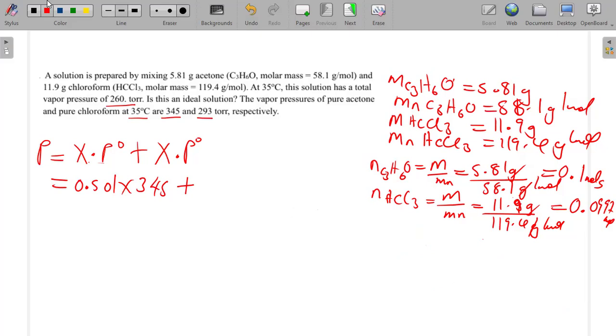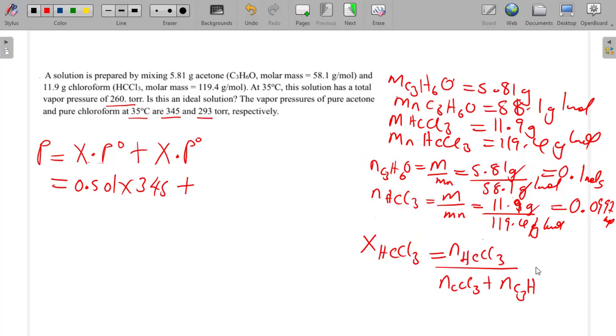So we apply the same concept. The mole fraction for chloroform, HCCl3, is given by the number of moles for chloroform divided by the number of moles for chloroform plus the number of moles for acetone, right?